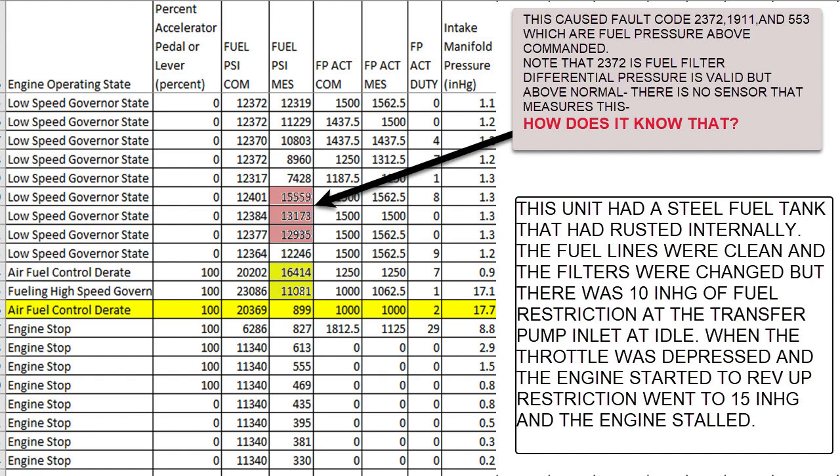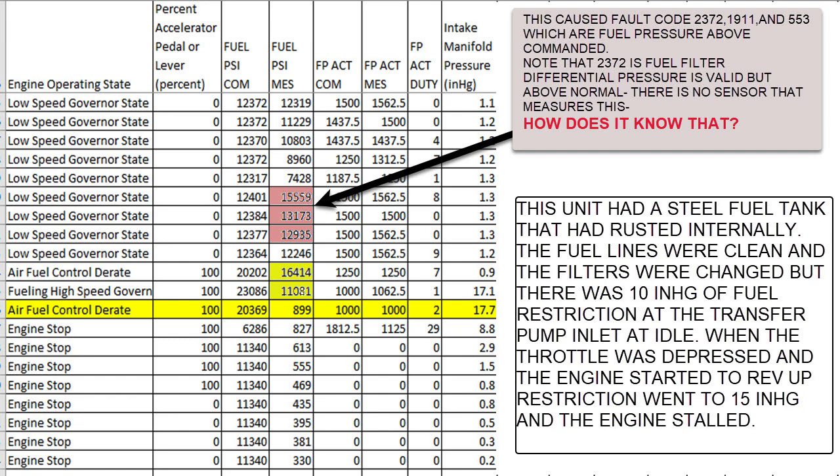How does it know that? How does it know that the differential pressure in the filter is above normal? It knows it because they programmed it into it to log this fault, because they do all these tests in test cells, and they can make more restriction and make less restriction in the fuel system, whatever they want.